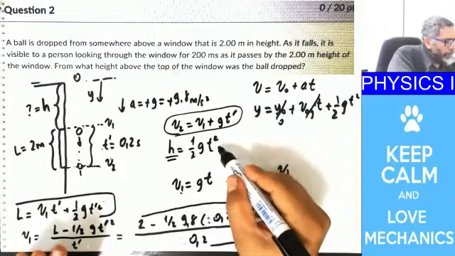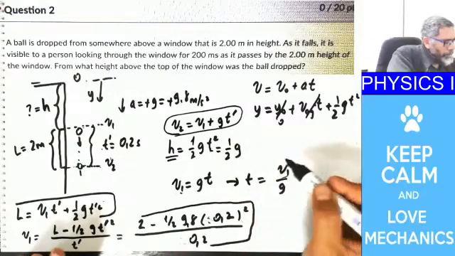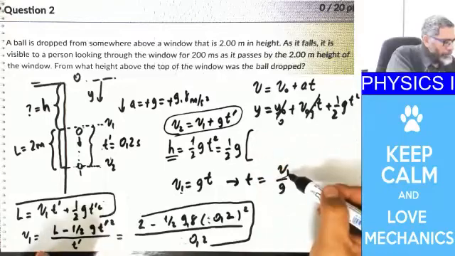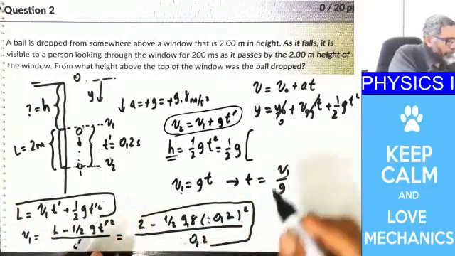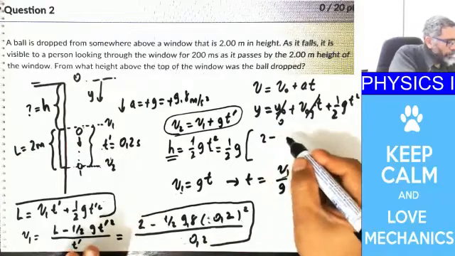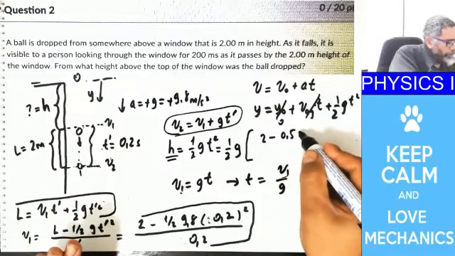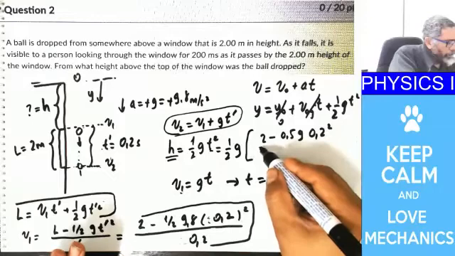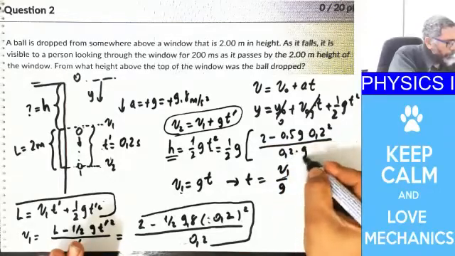Let me express this so that T is V1 divided by g, and we know what this V1 is: 2 minus 0.5 g multiplied by 0.2 squared, divided by 0.2, multiplied by g.